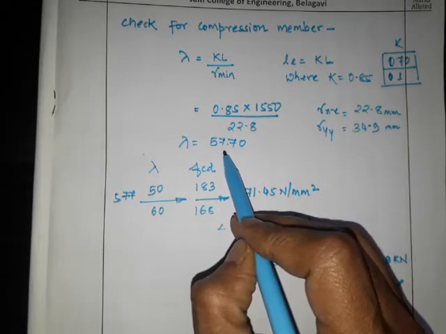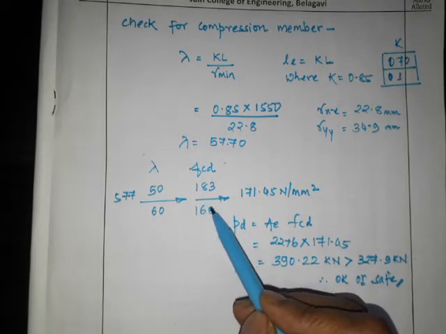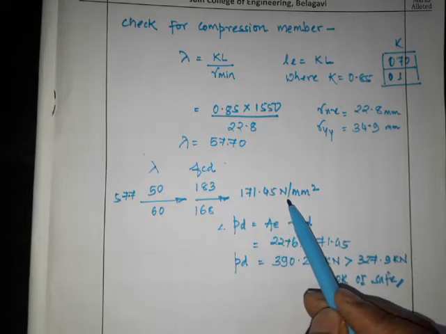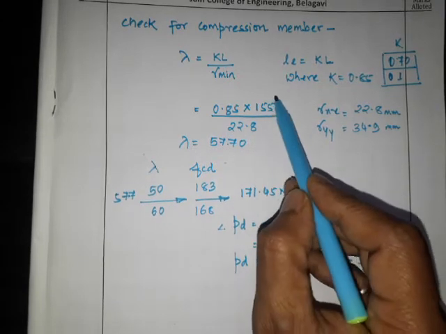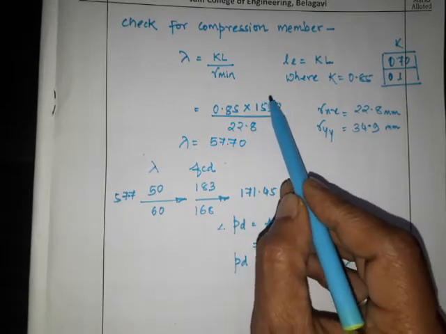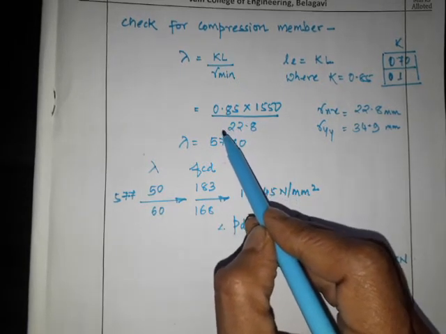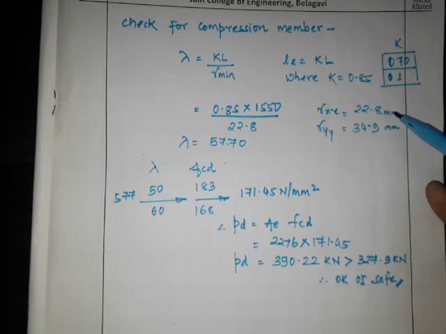By using that lambda we have to find out the FCD, and we got FCD as 171.45. With respect to KL by r minimum, the length of the principal rafter is 1.55, and the radius of gyration r minimum we get from the steel table, that is the minimum of rxx and ryy.